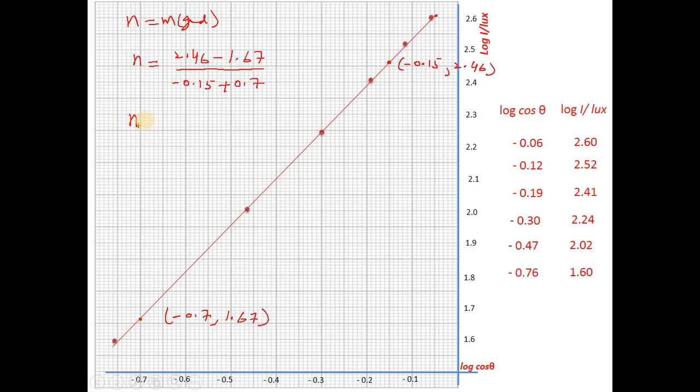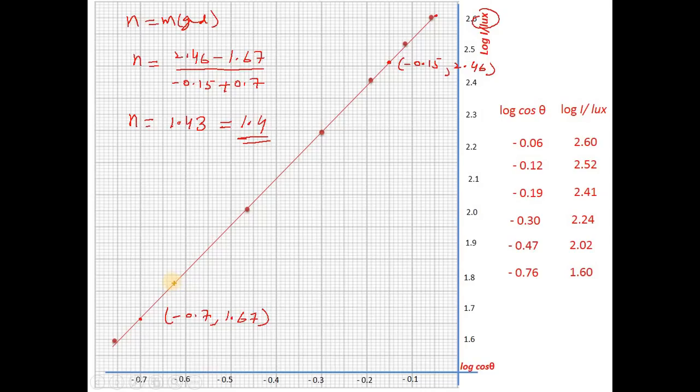Once you solve this, n is equal to 1.43 or 1.4. This is the gradient, and you can write the unit as lux.